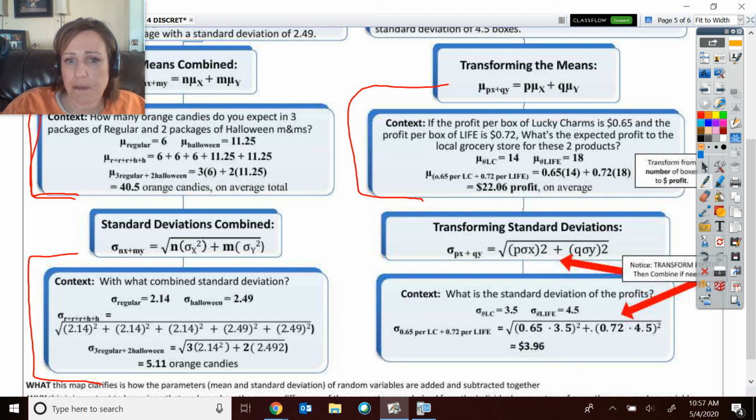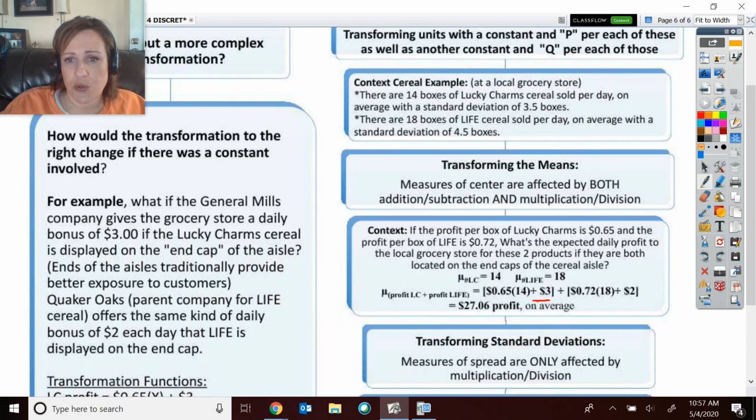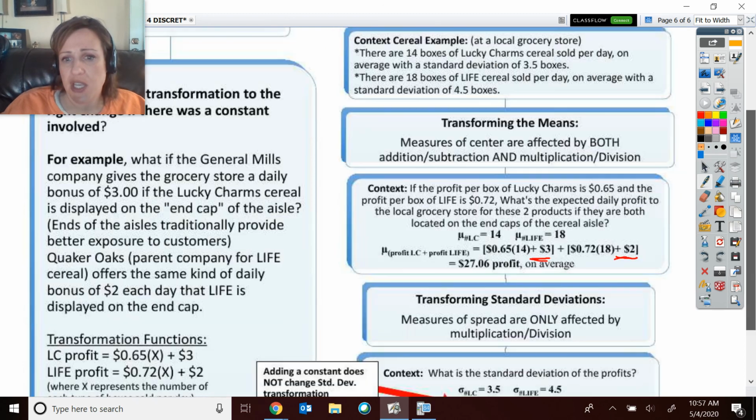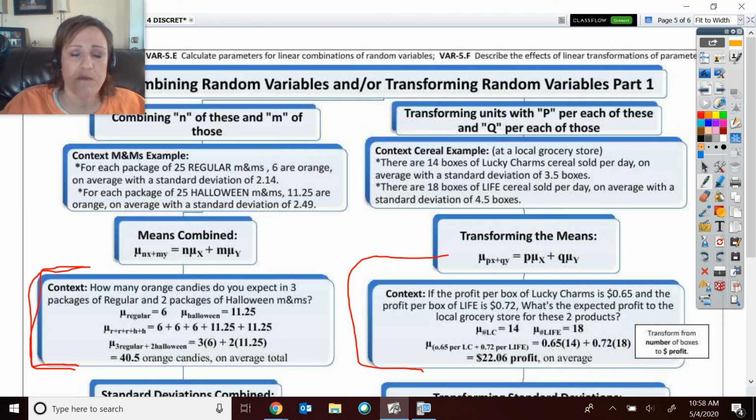See, those means combined, but then those standard deviations, transform it first from boxes into profit and then combine. And then here was the situation where we had the end caps with the plus $3 and the plus $2. That measure of spread was not affected. So that is just a summary of the notes in thinking map format for easy reference.